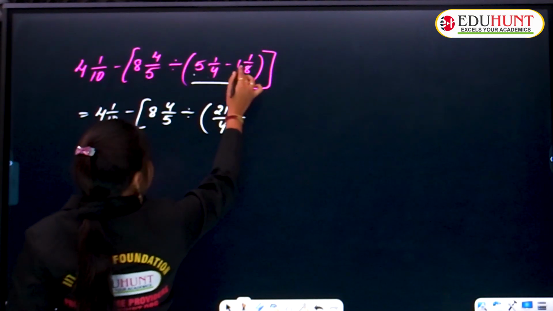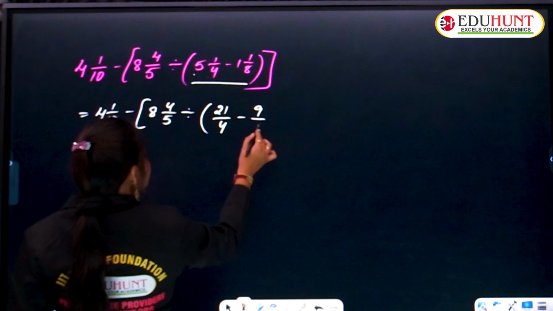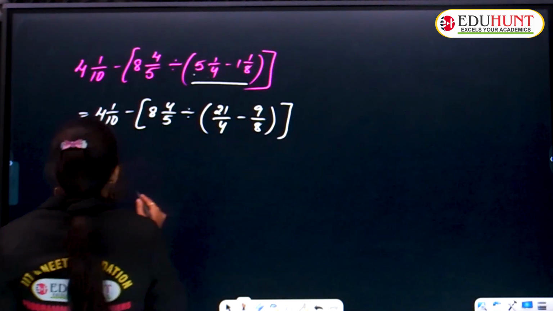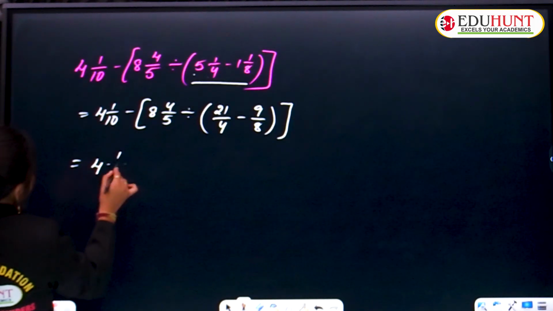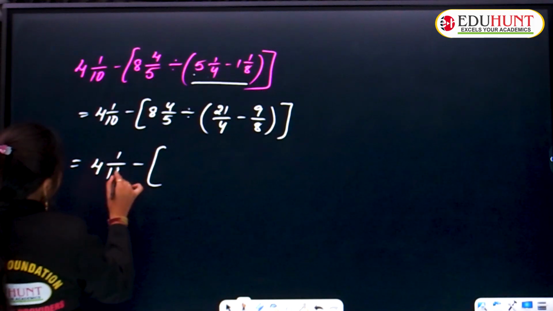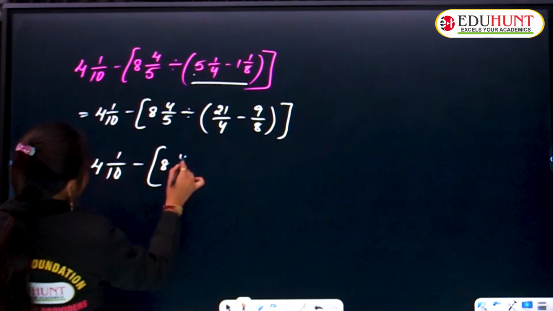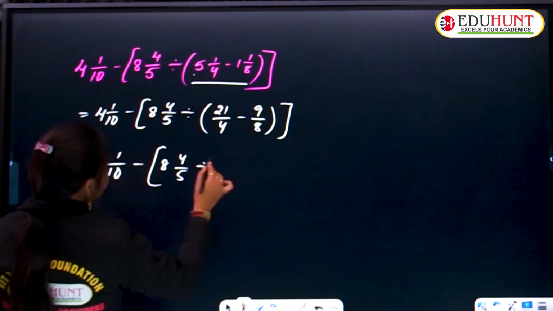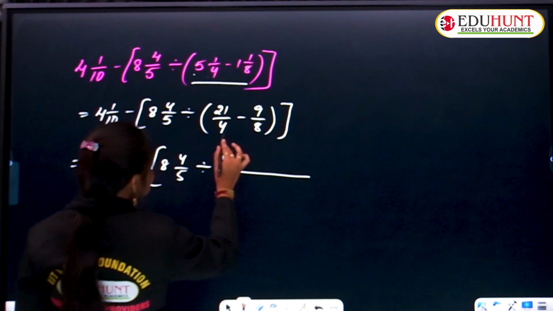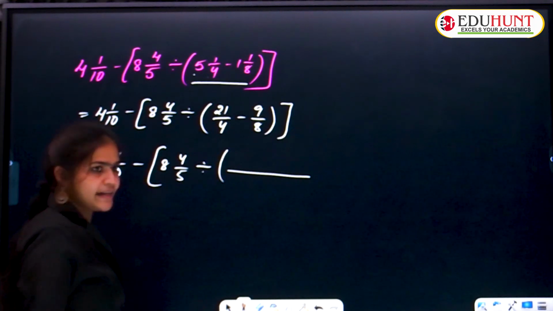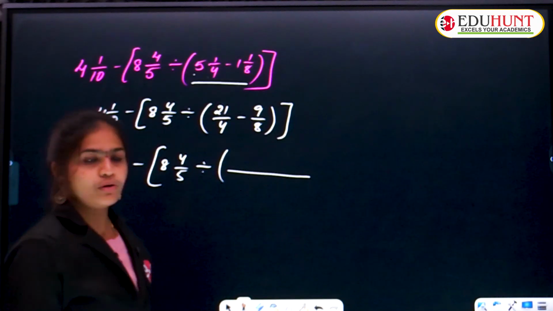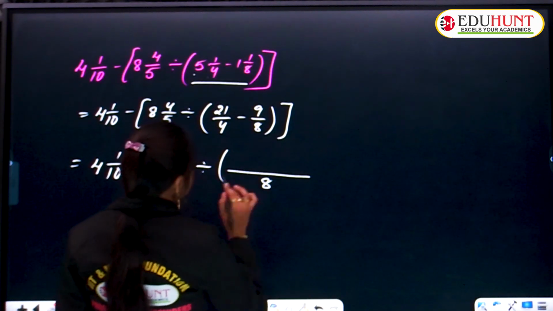Minus 8 1s are 8, 8 plus 1, 9 by 8. Now what is the LCM of 4 and 8? 8 is a multiple of 4 only, so 8 is the LCM.